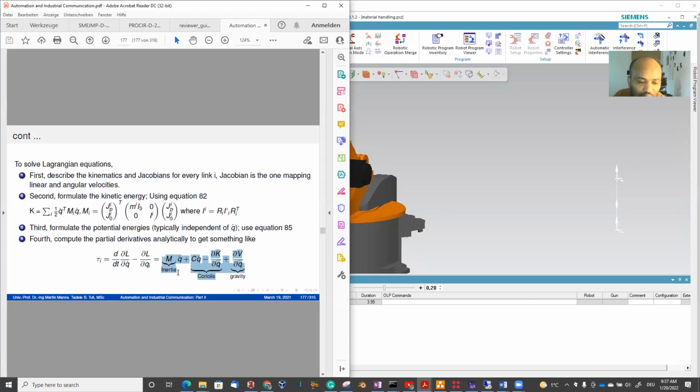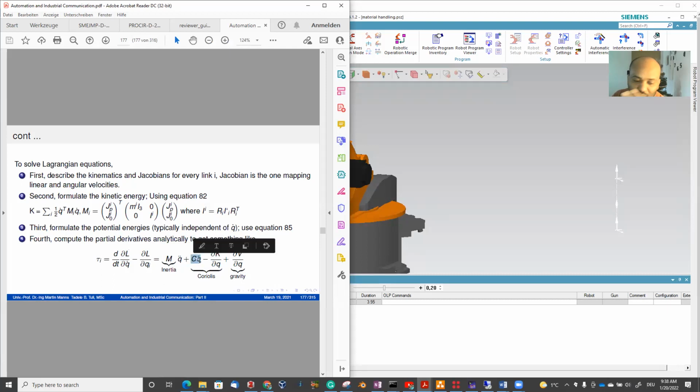And then there is a corresponding equation for Newton-Euler. So Newton-Euler says torque, a linear force or a rotational force, is mass times acceleration plus c times q dot.